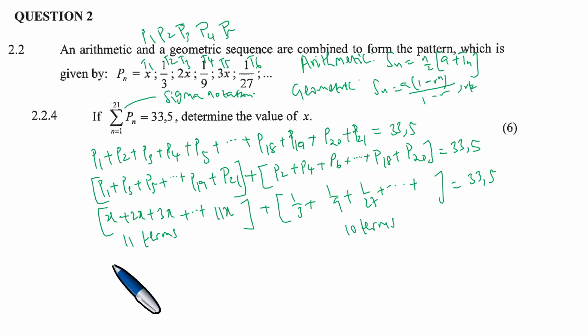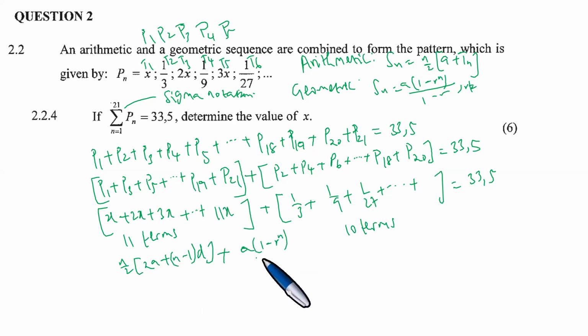So here you can use the formulas: n over 2, 2a plus n minus 1 times the common difference, and a times 1 minus r to the n over 1 minus r. n is 11 over 2. The first term is x.